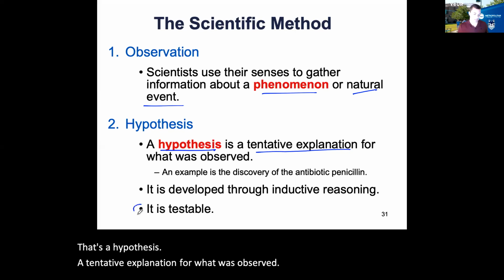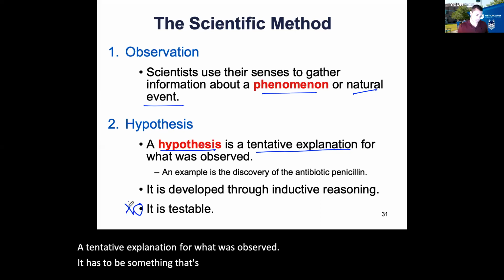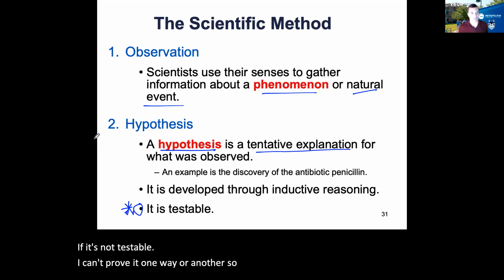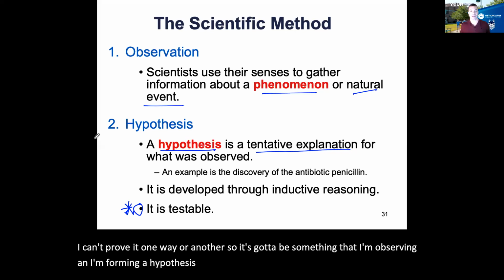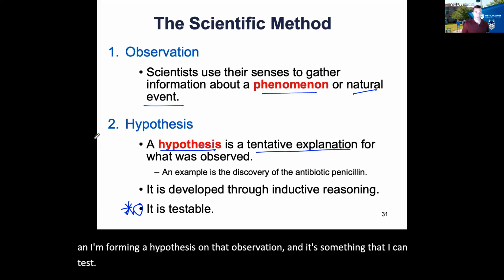It has to be something that's testable. If it's not testable, I can't prove it one way or another, okay? So it's gotta be something that I'm observing and I'm forming a hypothesis on that observation, and it's something that I can test, okay?